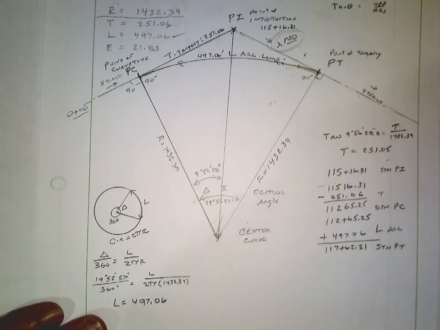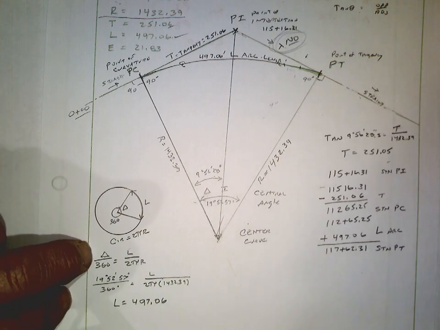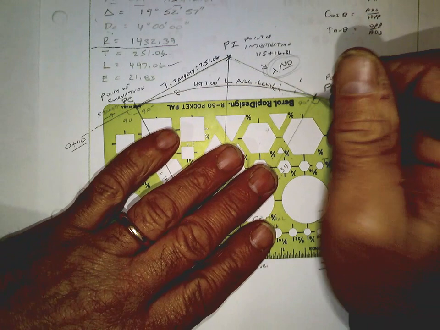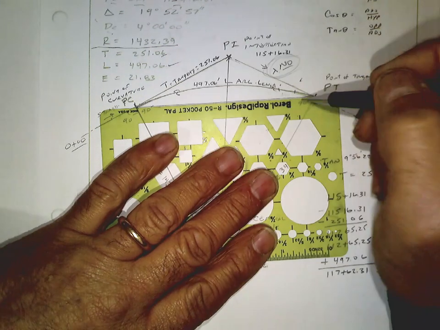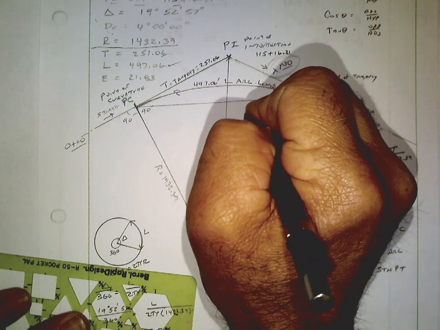And that is correct. So one last element on here, actually two, one last primary element that we would look at, and that is the distance between the PC and the PT. If I connect those as a straight line, this is called the chord.